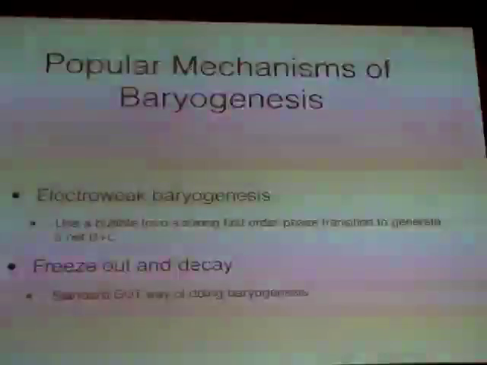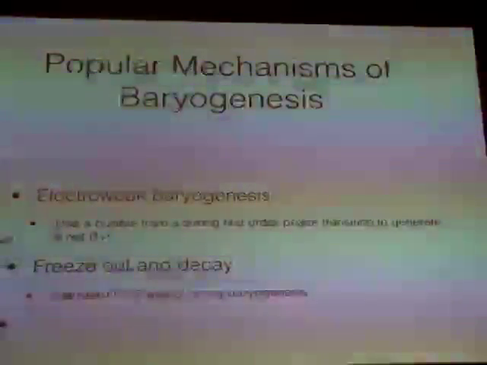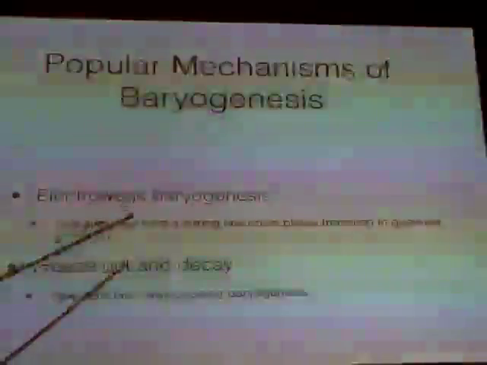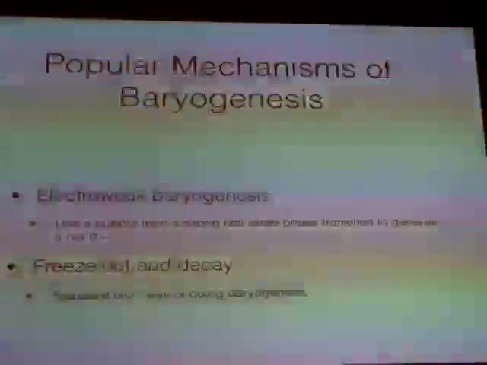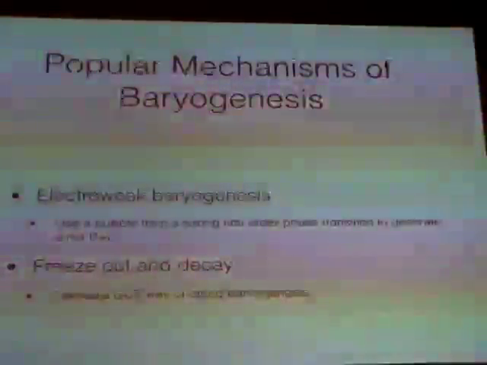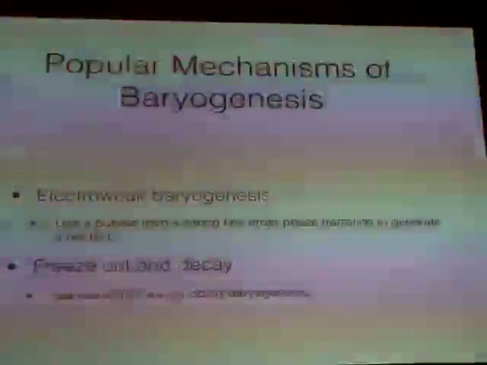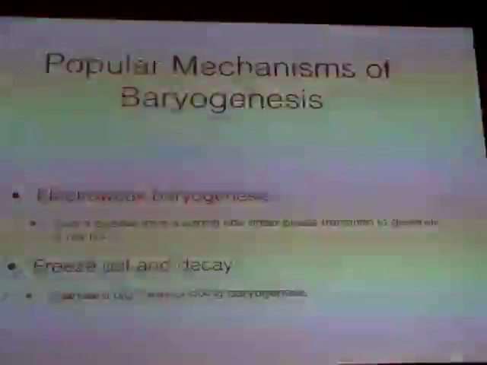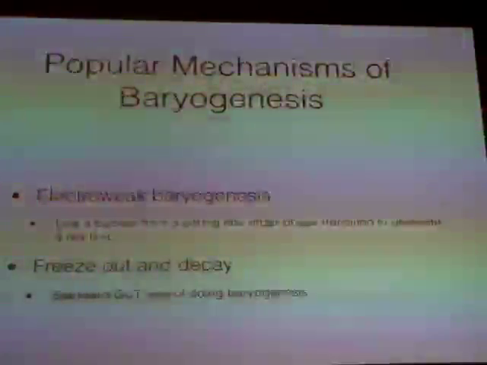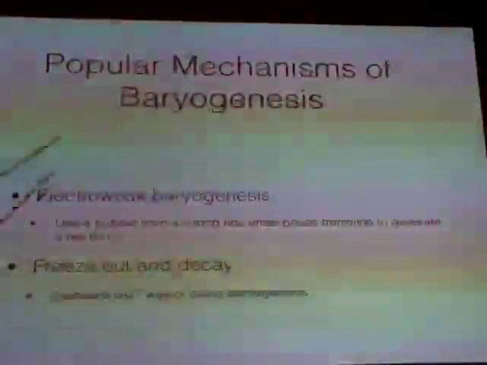And so you basically use the spatial gradients to generate a net B plus L. Unfortunately, this doesn't quite work in the standard model, because since we measured the Higgs mass to be 125, we've discovered that it's actually not a first order phase transition right now, but a second order. And so it doesn't work without new physics.